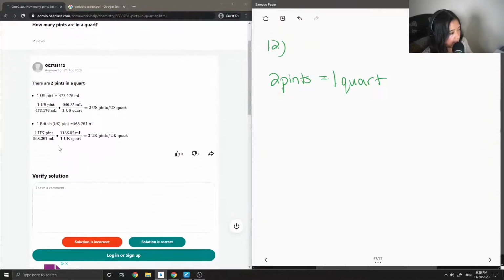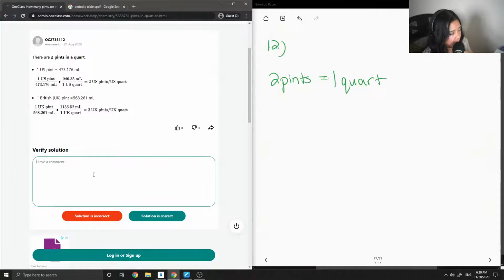And even if you had the British pint, 568, and a British quart, 1136.52, and divide them, you also get 2. So this solution is correct.